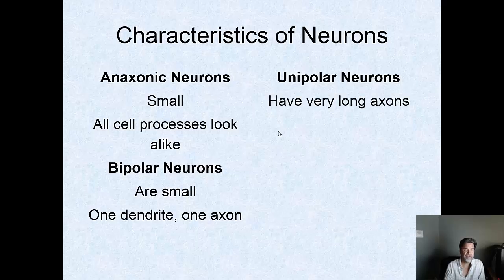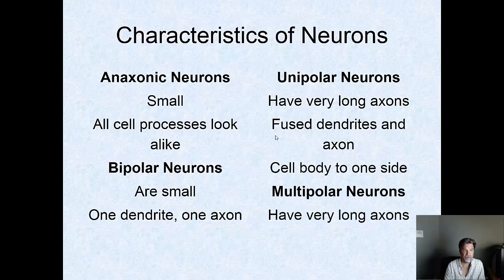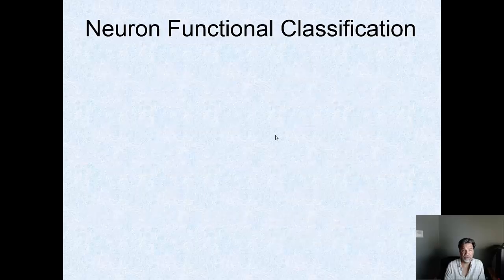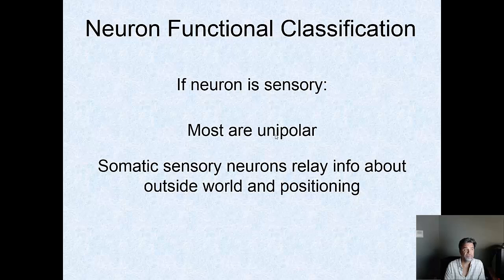Unipolar neurons have a single cell body and a single process that exits from it, and then that process splits. And then finally, we have the multipolar neurons that we've been looking at all along, even though you didn't know it.